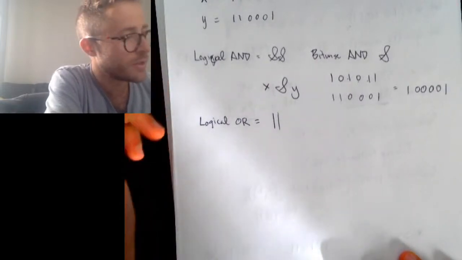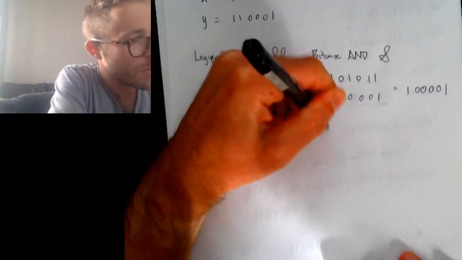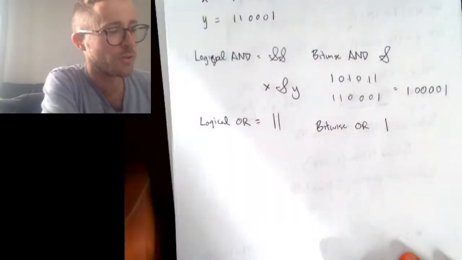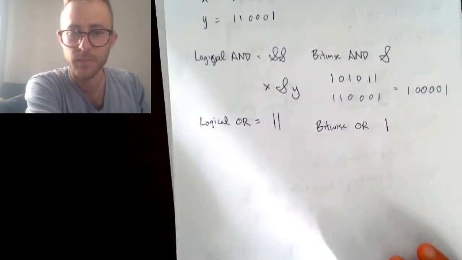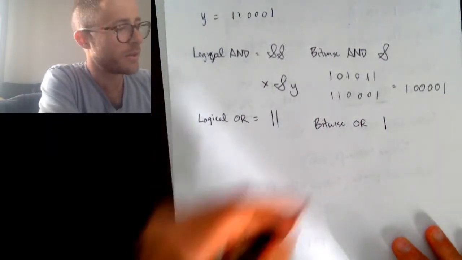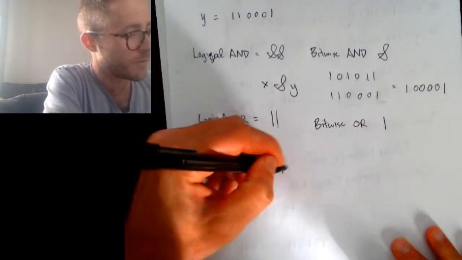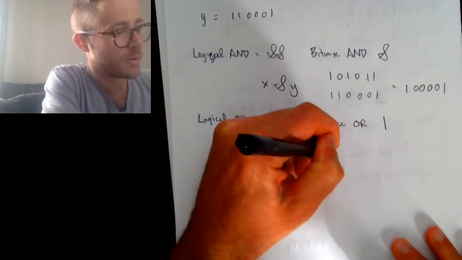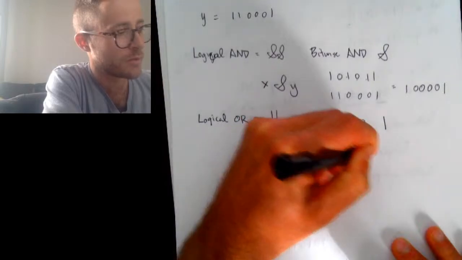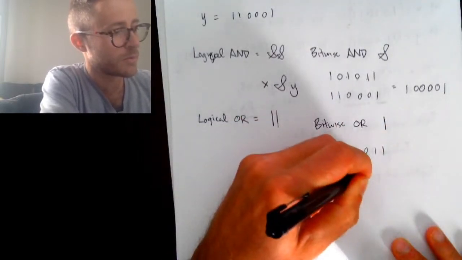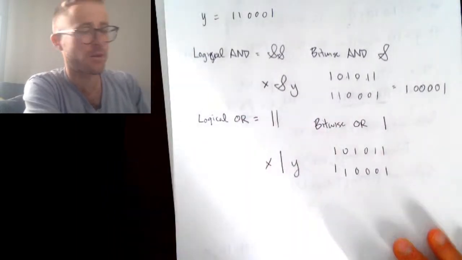But similarly, there is a bitwise OR, which is just a single vertical bar. Okay? And so what if we did x bitwise OR y? That would be 1, 0, 1, 0, 1, 1, and we're going to OR it with 1, 0, 1, 1, 0, 0, 0, 1. Okay?